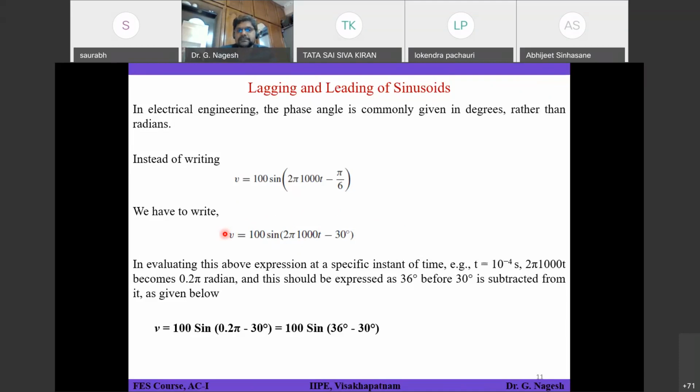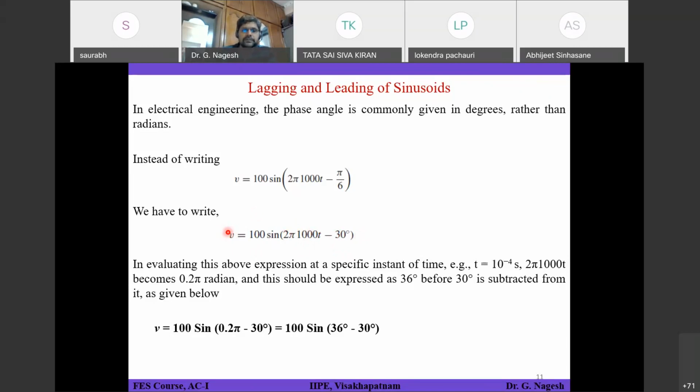So at 3 milliseconds, it might have some value. At 5 milliseconds, it might have some other value. So how to find out the value? If this is your expression, you have to convert this also into degrees. Omega t, which is usually radians, you have to convert into degrees. Then only you can add up these two or subtract these two and find out the value of v of t at that particular instant of time.